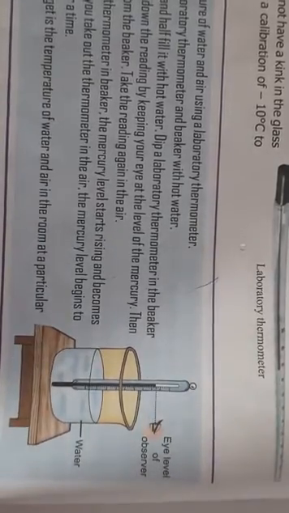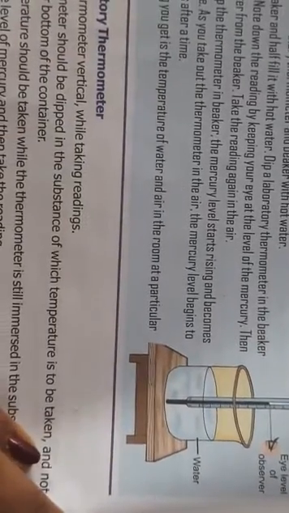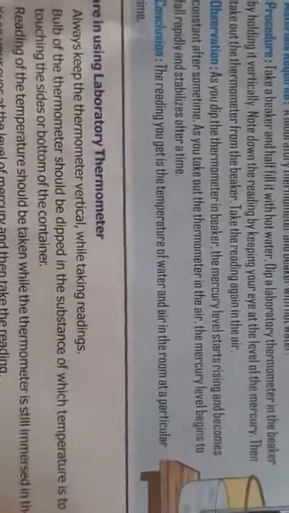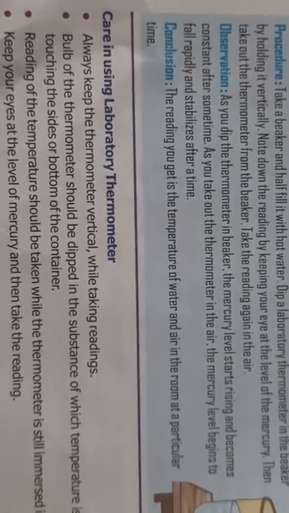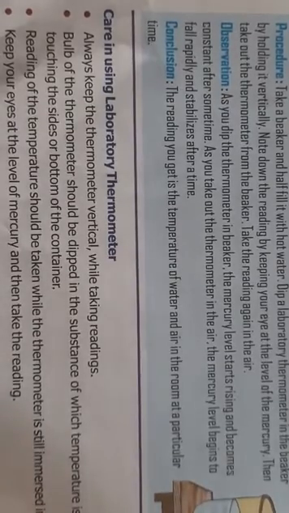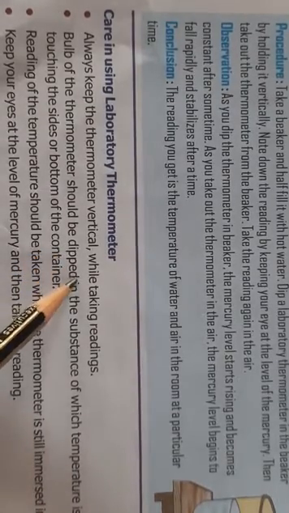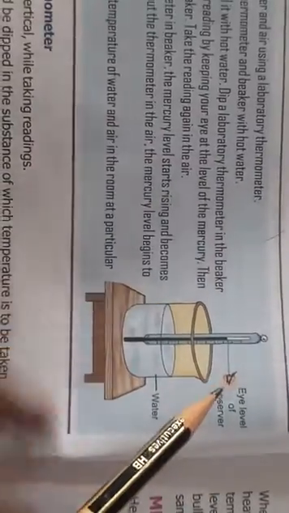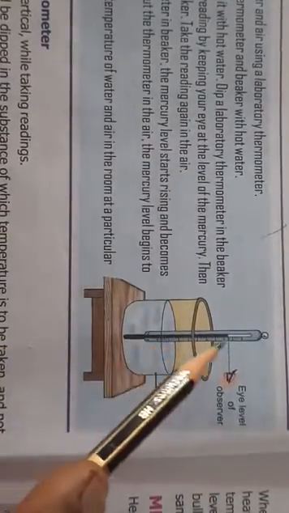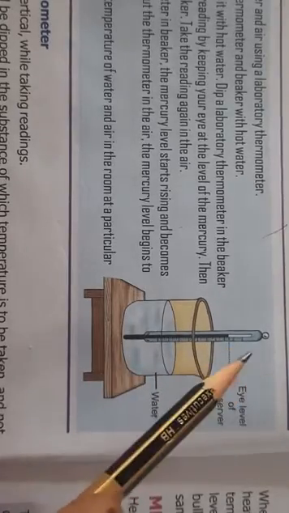And what are the various cares you have to take while using a laboratory thermometer? You should always keep the thermometer vertical. I told you just now, you have to take the reading with the thermometer in the vertical position only.